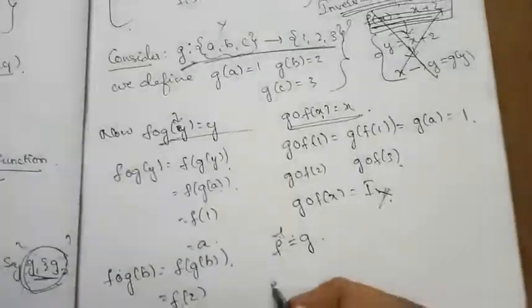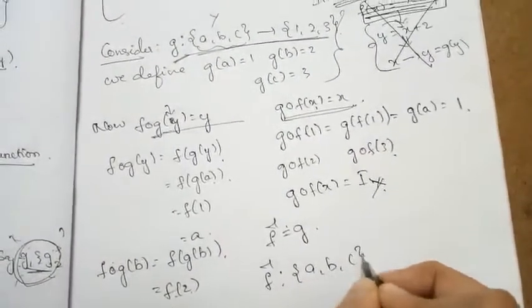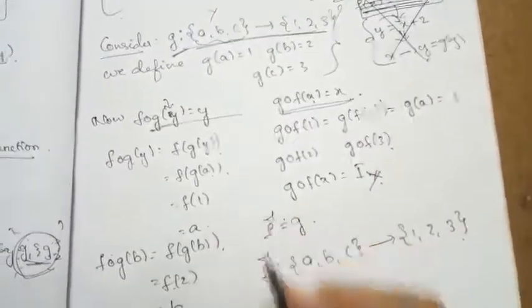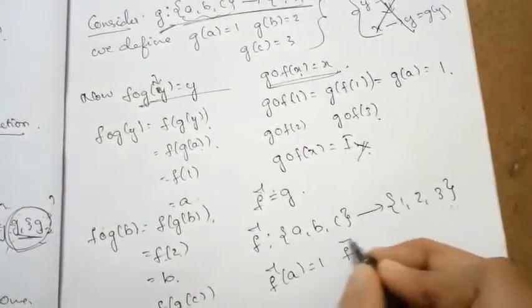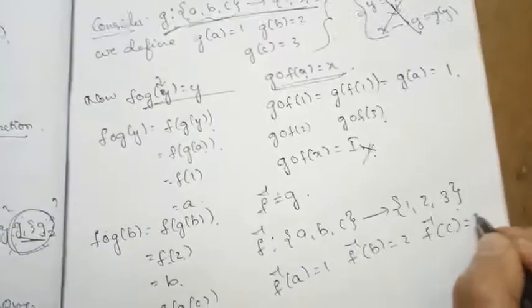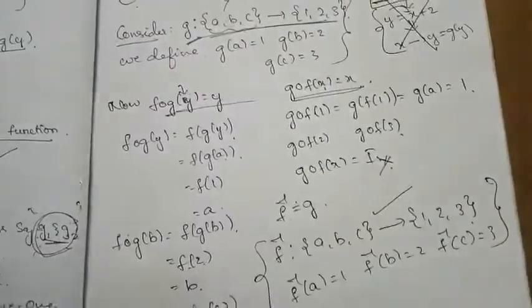So f inverse is a function from the set {a, b, c} to the set {1, 2, 3}, where f inverse of a is equal to 1, f inverse of b is equal to 2, and f inverse of c is equal to 3. So the given function g itself is the inverse of the function.